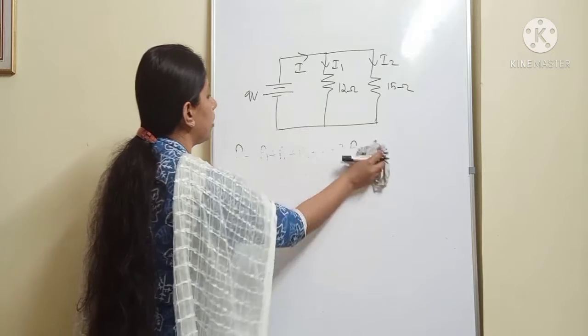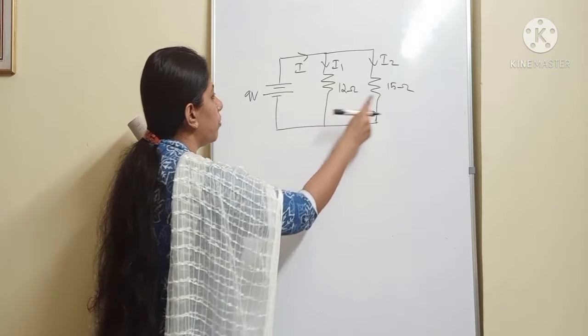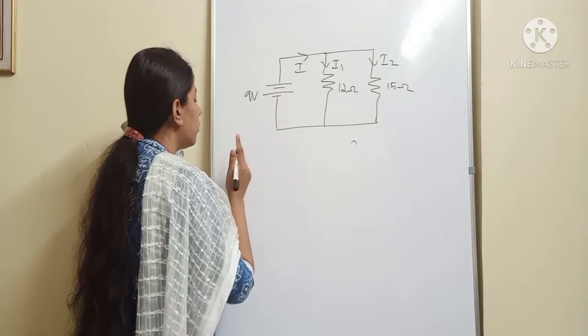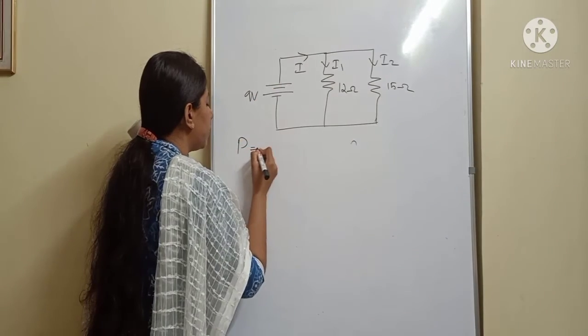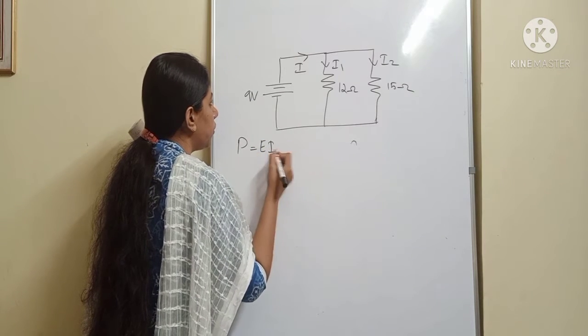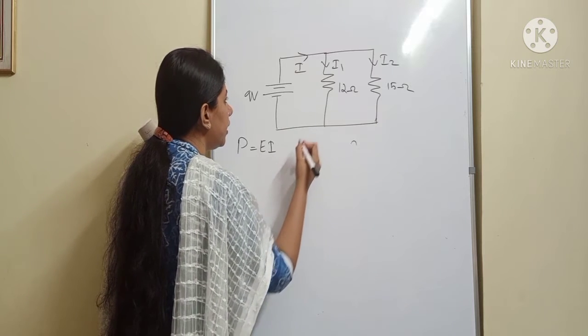Consider this particular circuit in which you are given two resistances, 12 ohm and 15 ohm, and the supply voltage is 9 volt. We know that the equation of the power is E into I. So in this case you can find the value of I, right?